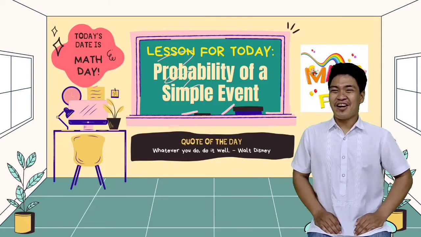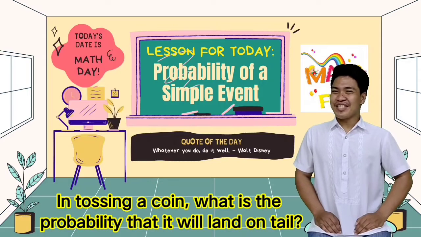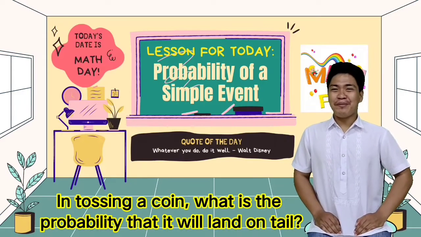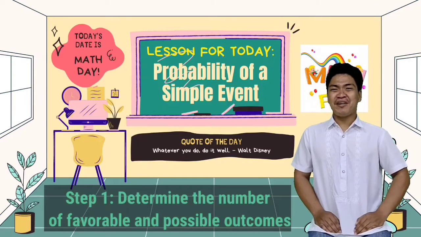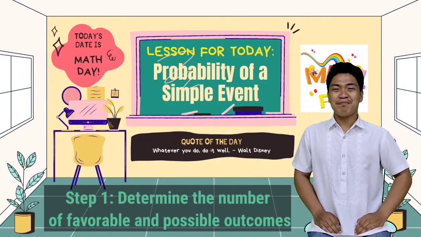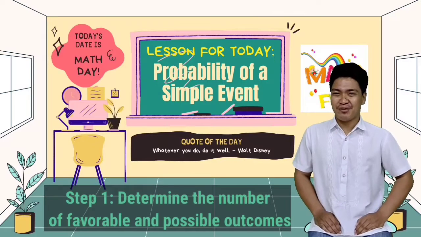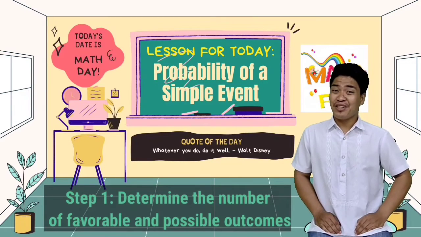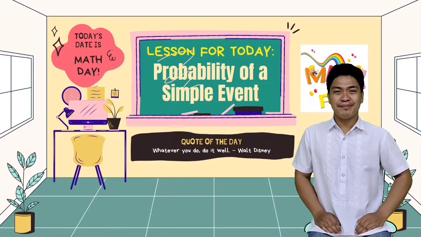Let's try this example. In tossing a coin, what is the probability that it will land on tail? First is to determine the number of favorable outcomes and possible outcomes in the given problem. What is asked in the problem? Exactly!